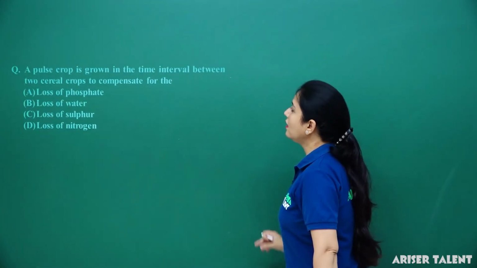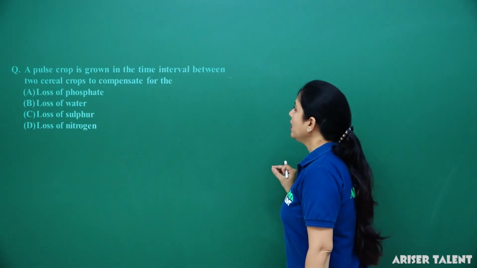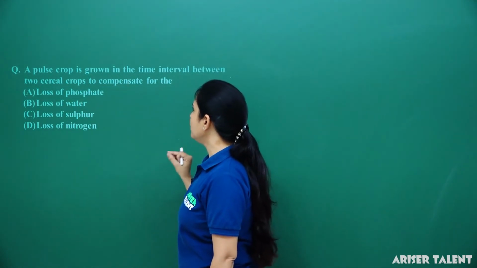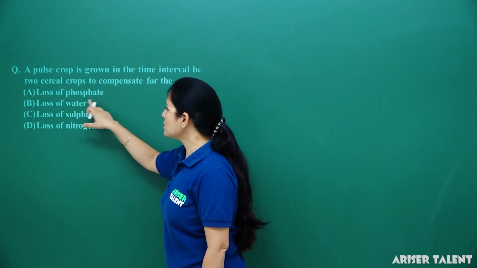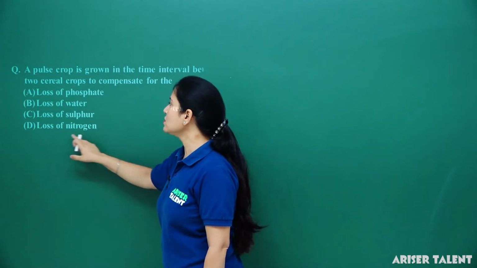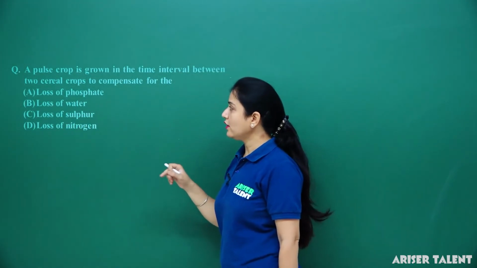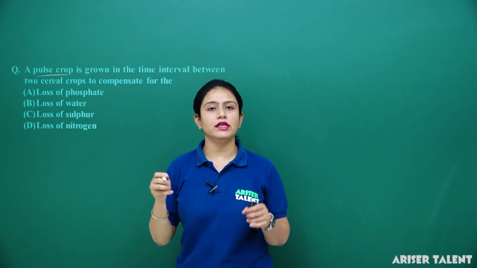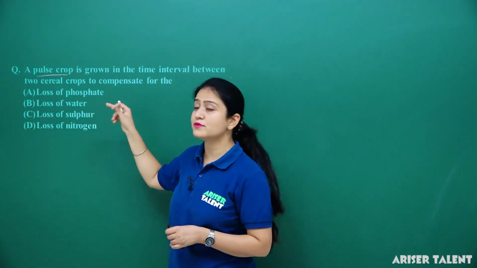Next is, a pulse crop is grown in the time interval between two cereal crops to compensate for the loss of phosphate, loss of water, loss of sulfur, loss of nitrogen. So as we are talking about pulse crops, generally pulse crops are legumes.